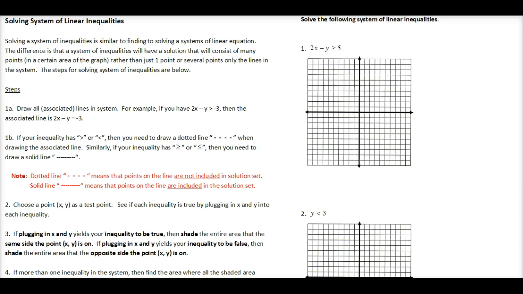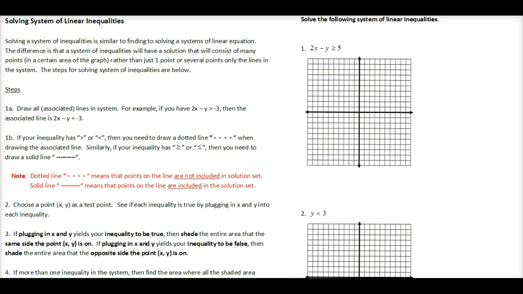If you've checked out my other videos on how to graph lines by plotting or solving systems of linear equations by graphing, you've seen two different methods on how to graph that line. The other part of step one is that if we have a greater than sign or a less than sign, then we need to draw a dotted line.